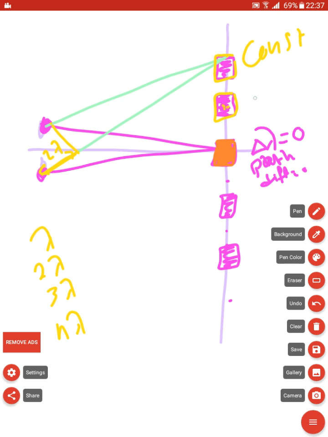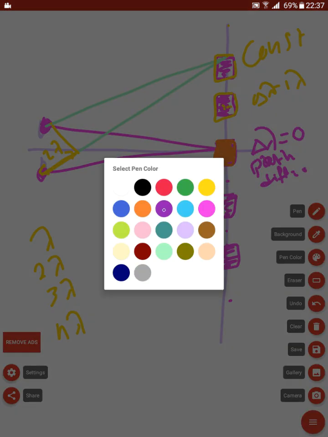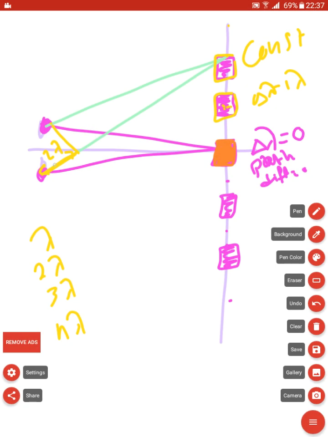If we talk about this, the difference is 1 lambda, 1 wavelength, okay? If the difference is 1 lambda or 2 lambda or 3 lambda and so on, we have a constructive interference. Okay, what about the points in between? Here we have the first ray and this is the second ray.